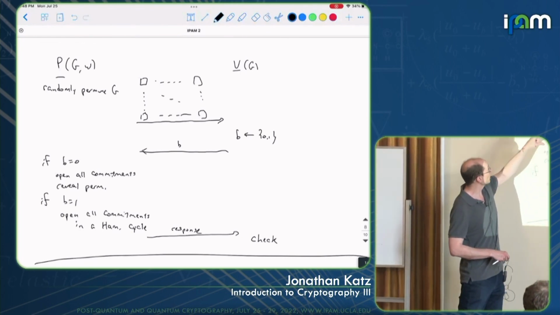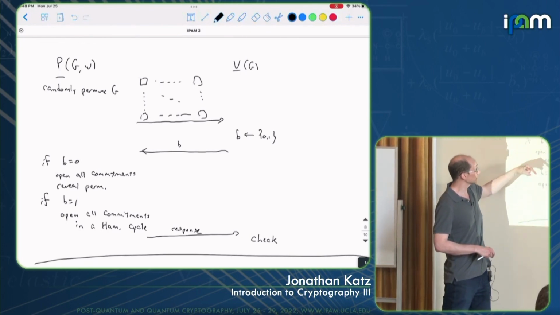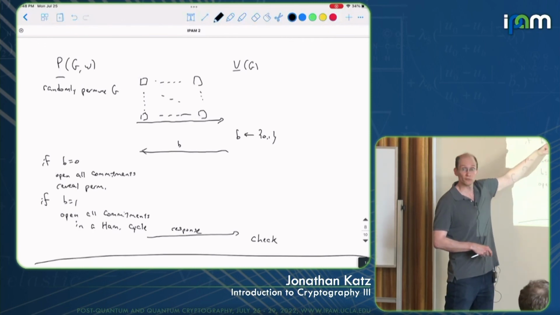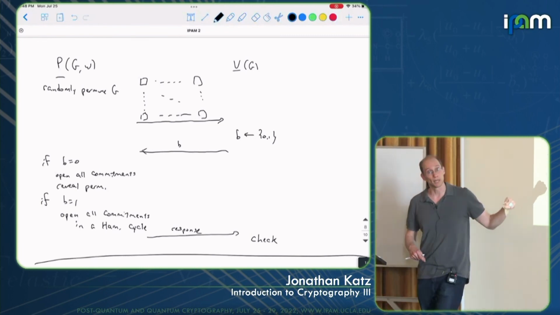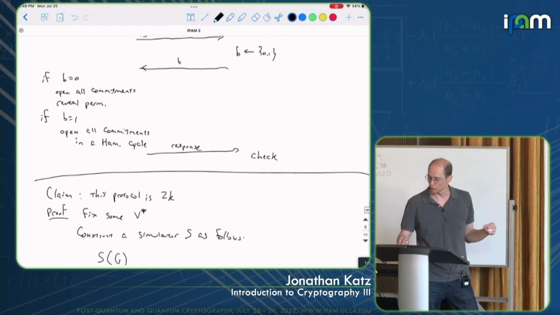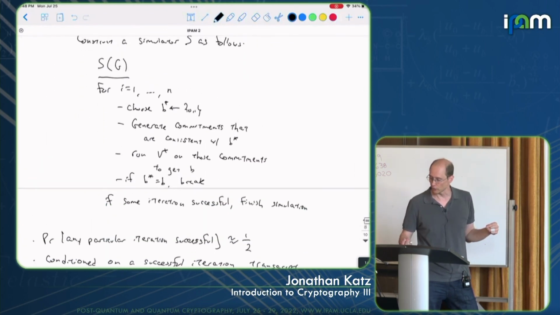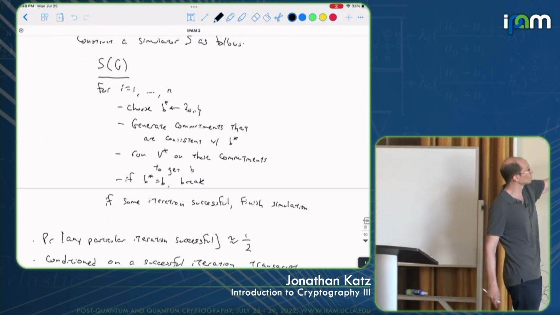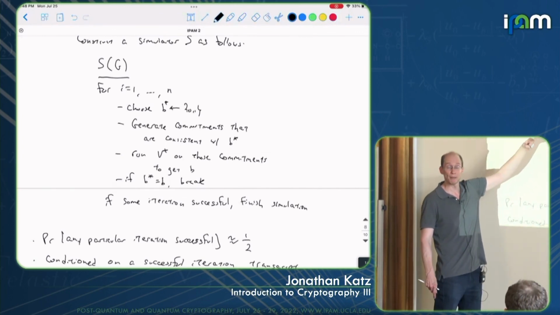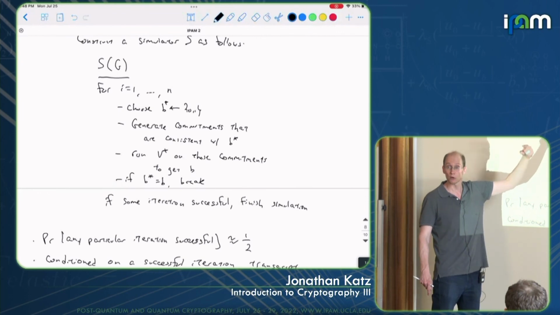And I'm also highlighting the fact that we have the ability here to rewind the prover to some prior state in the execution of the protocol, and then send it a different challenge bit and see the response it would send in that case. I didn't make it explicit, but in the proof of zero knowledge, we were making use of the same fact. We were making use of the fact that you can run V star multiple times, each time rewinding it or resetting it back to its original state and making it start the protocol over.